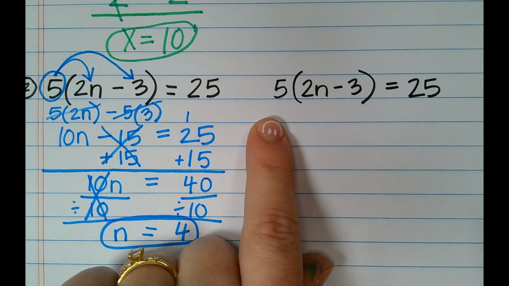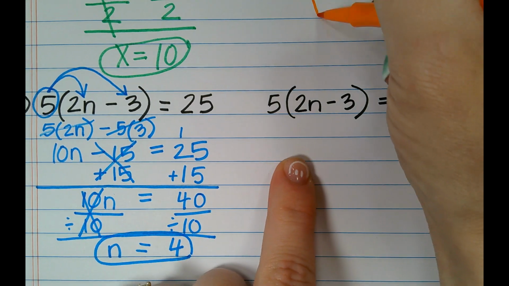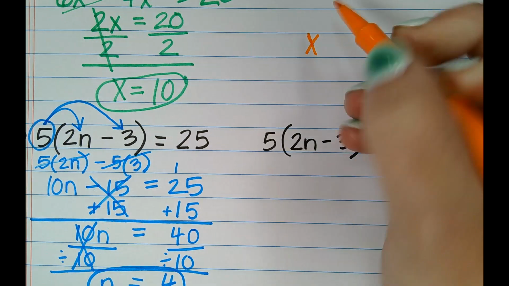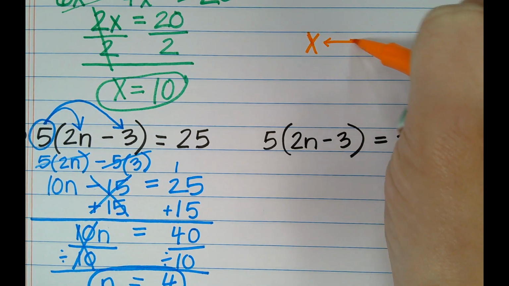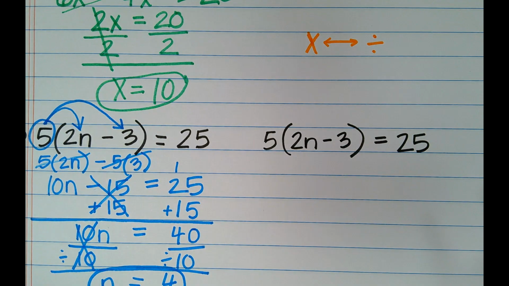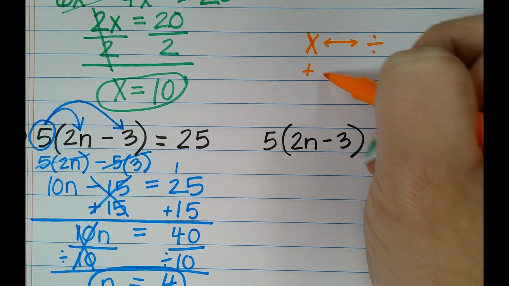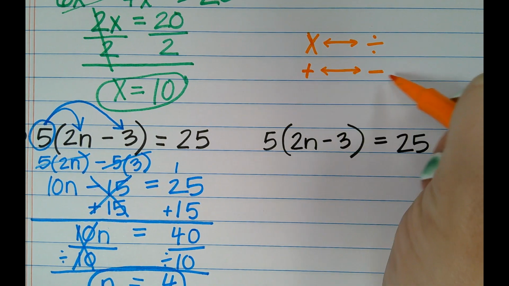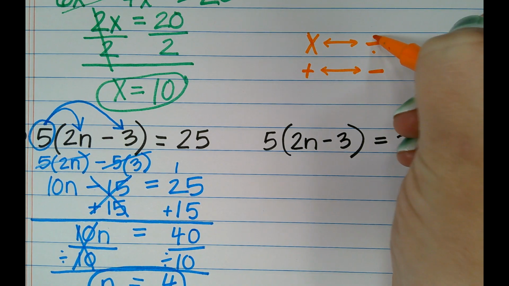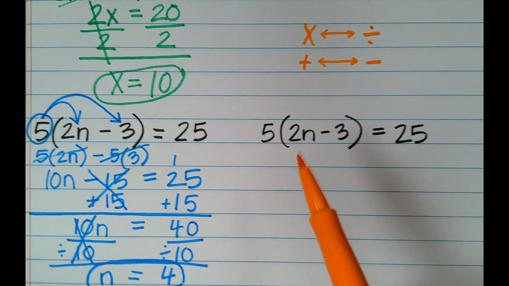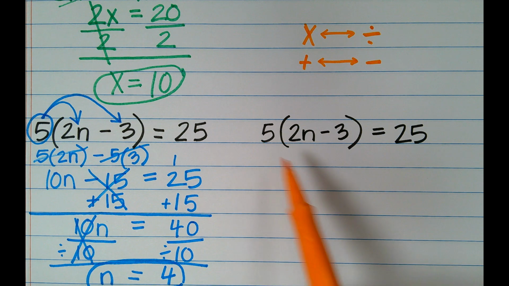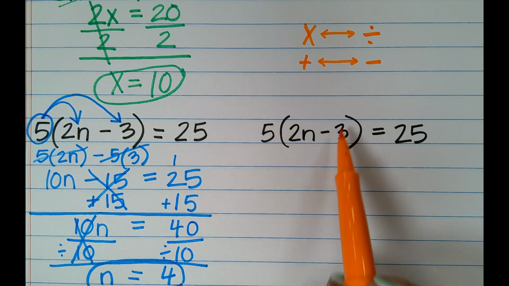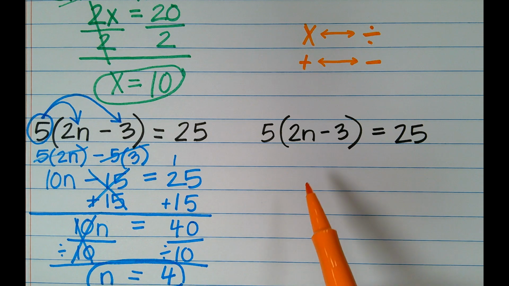But we can remember that whenever we're solving an equation, we're just using inverse operations, where the opposite of multiplication is division. The opposite of addition is subtraction. So I'm just going to draw that to remind me. And this first part is multiplication, right? 5 times what's in the parentheses.